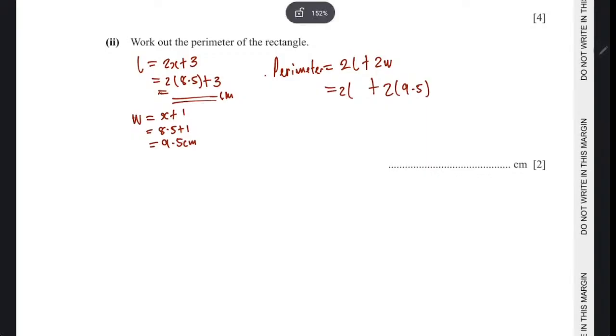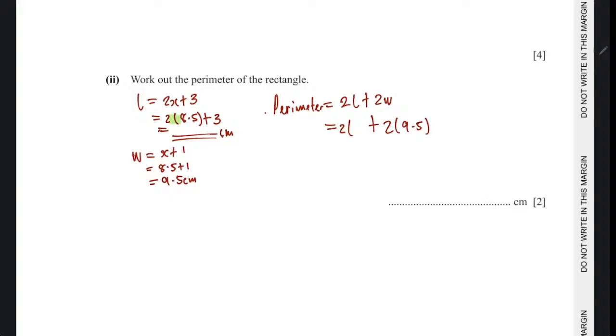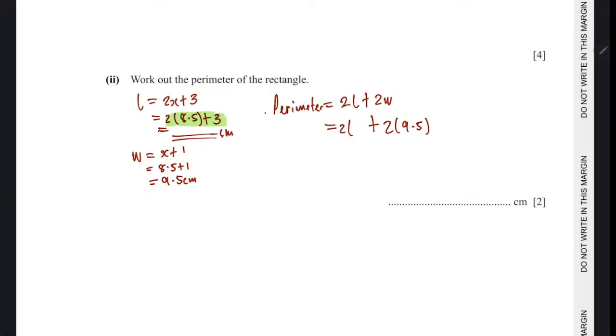This one is the last one. Lusika, what is the length? Punch this for me, please. Two by 8.5 plus 3. What do you get? Lusika, what do you get?